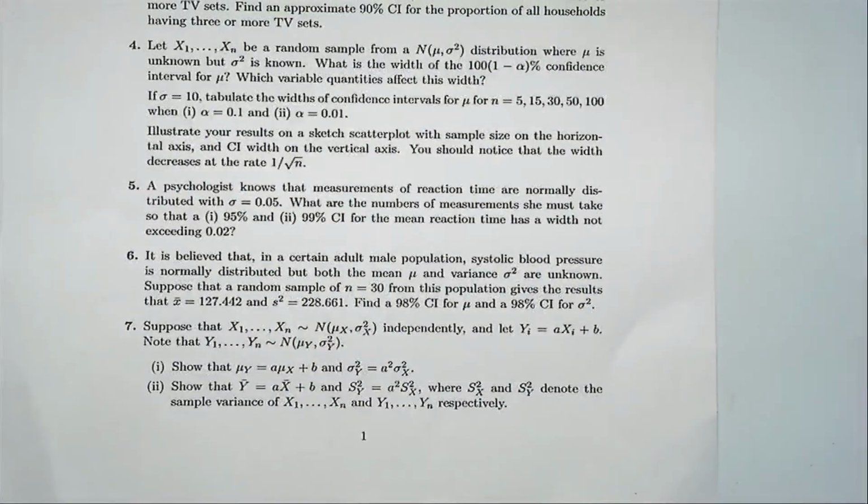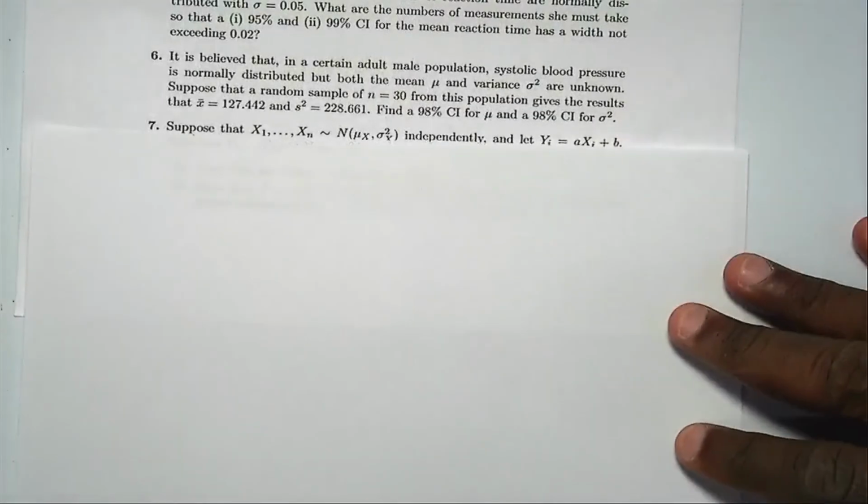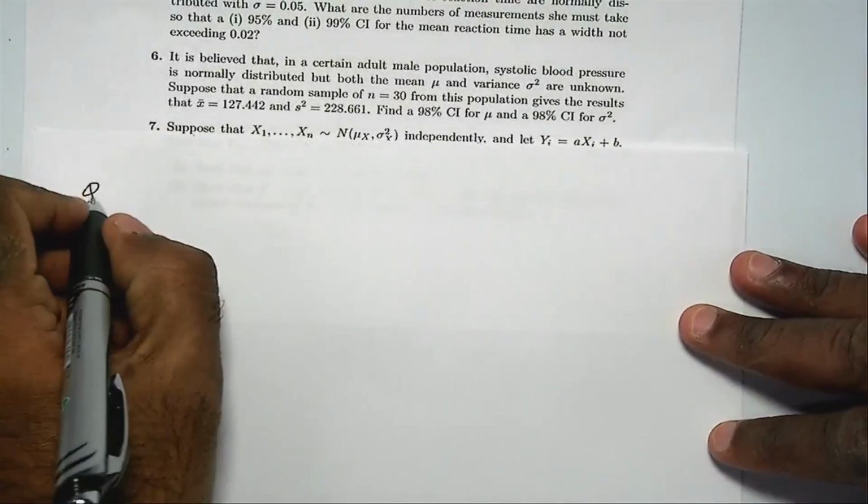So here the reaction times are normally distributed with sigma equal to 0.05, and what are the number of measurements she must take so that a 95% and 99% confidence interval for the mean time has a width not exceeding 0.02. Okay. All right. So this is not difficult. So this is question 5, guys.